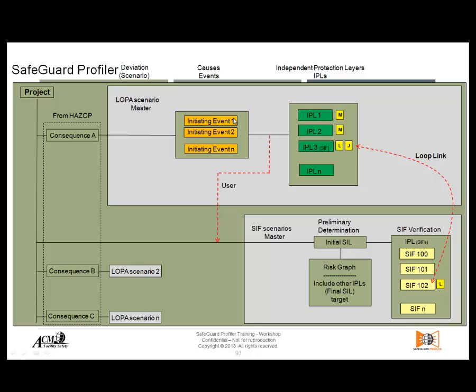If those events are not stopped or mitigated by the safeguards, the independent protection layers, they will end up in the unwanted event or hazardous event.